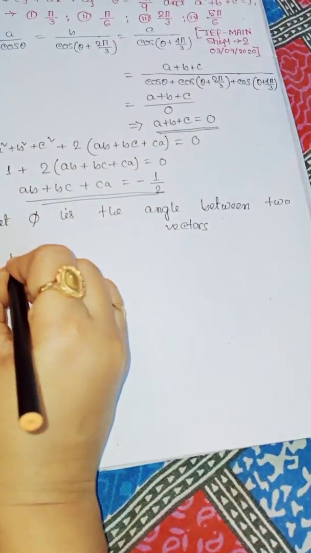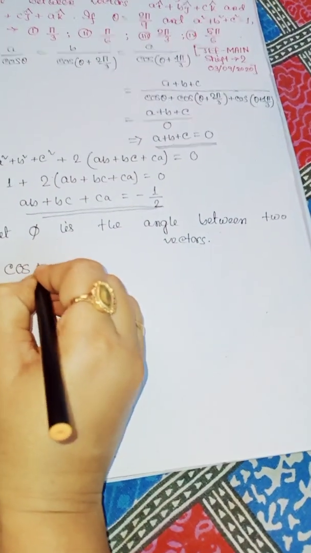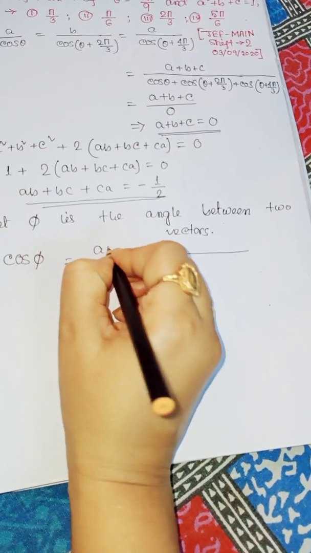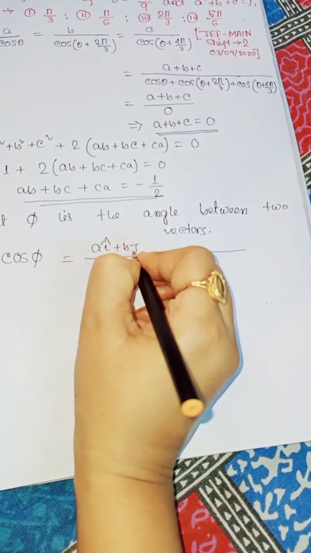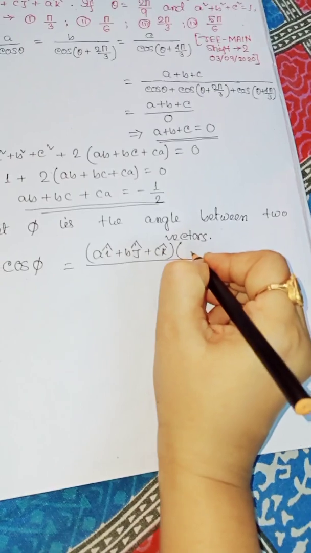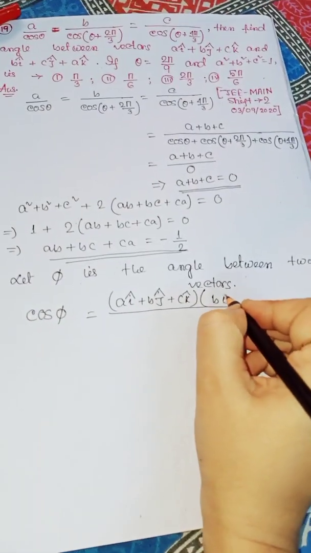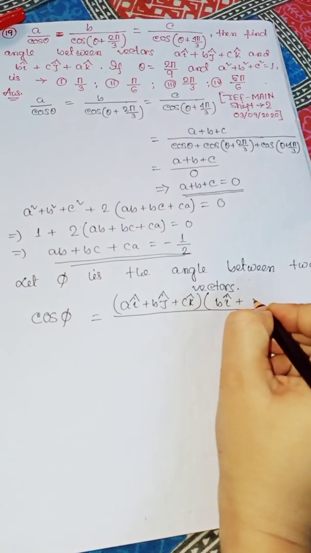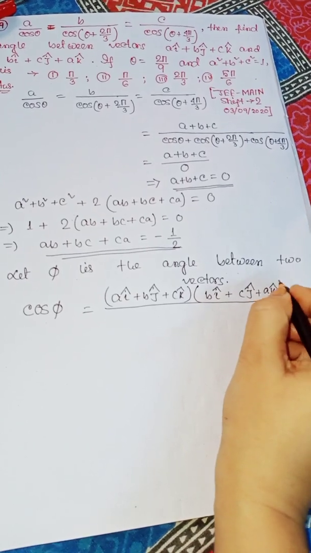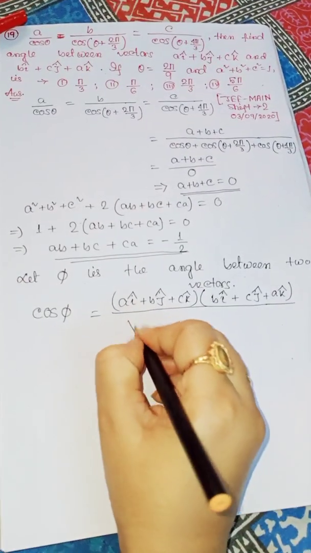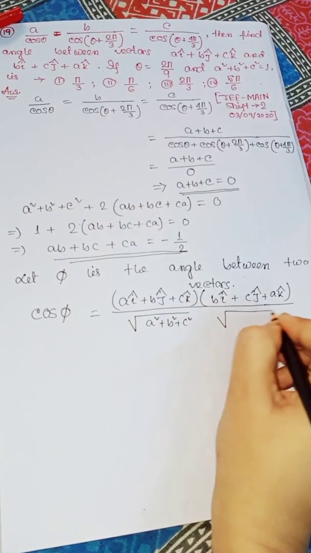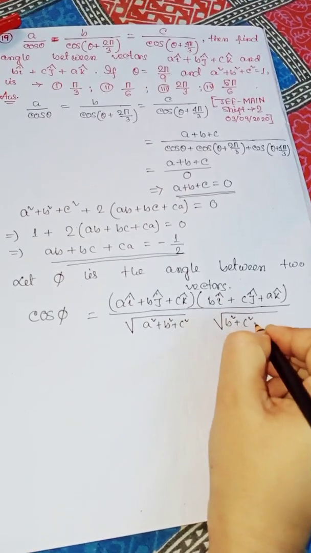So cos of phi is equal to A i cap plus B j cap plus C k cap dot B i cap plus C j cap plus A k cap, divided by root over of A square plus B square plus C square into root over of B square plus C square plus A square.